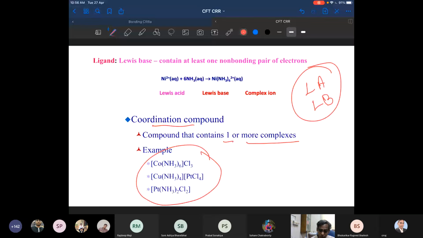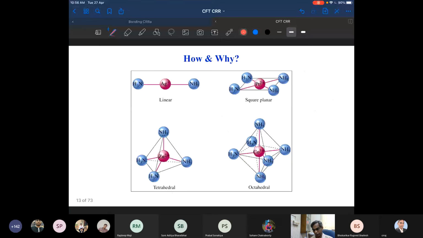You should have studied the basic definition: what is a coordination compound and what is a coordination complex, right? Say, for example, coordination isomers: two different coordination complexes form an isomer, right? You can see that. Okay.